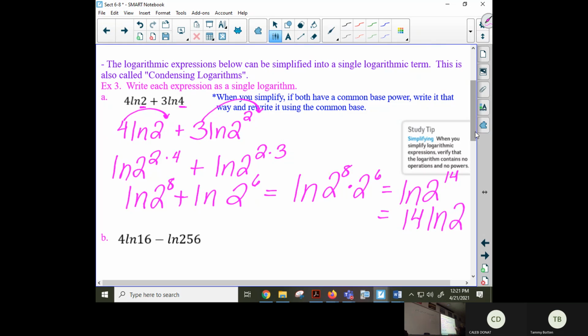When you take it from here to write it as an answer, they want it as a single natural log with no pluses, no minuses, and no power, so you bring that power out front. I'm just going to grab my notes here because I don't remember it being 14. But let's check.